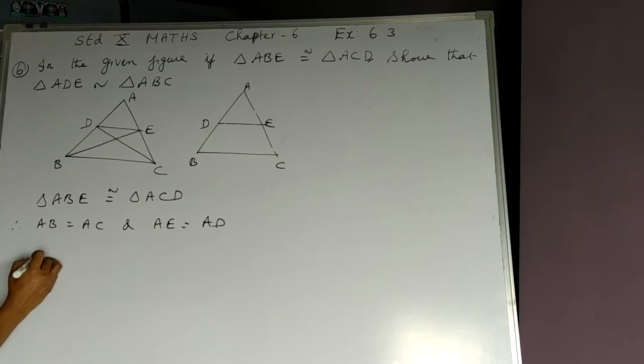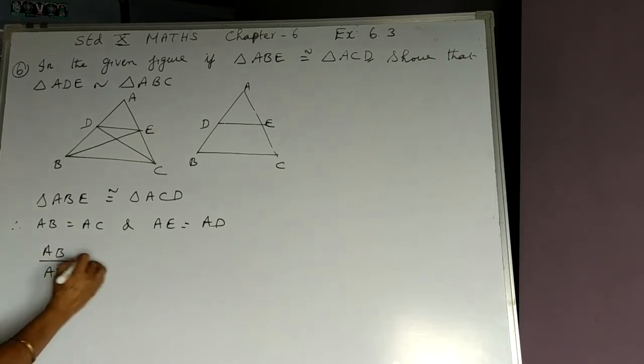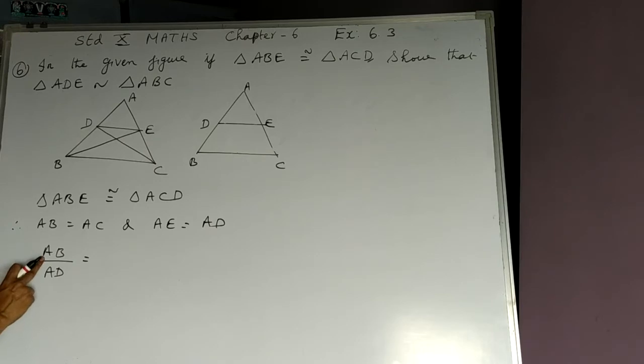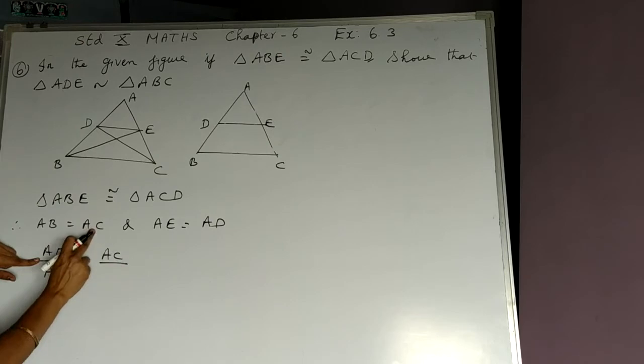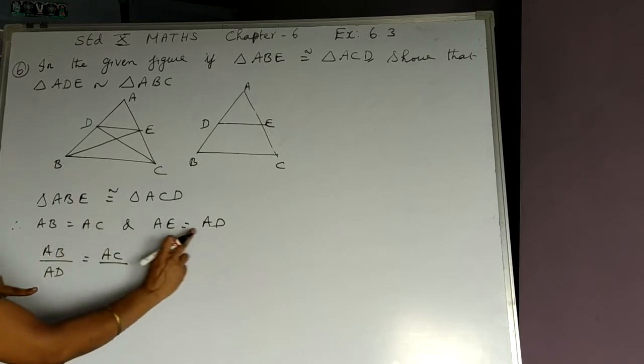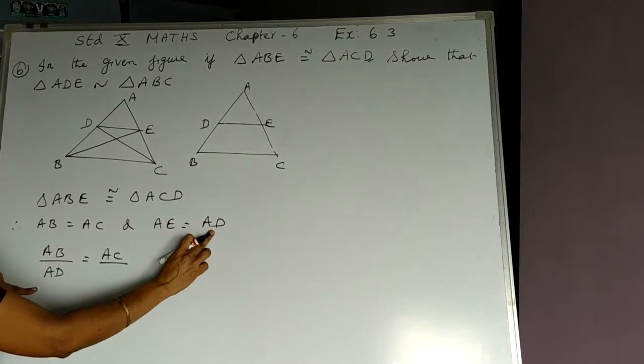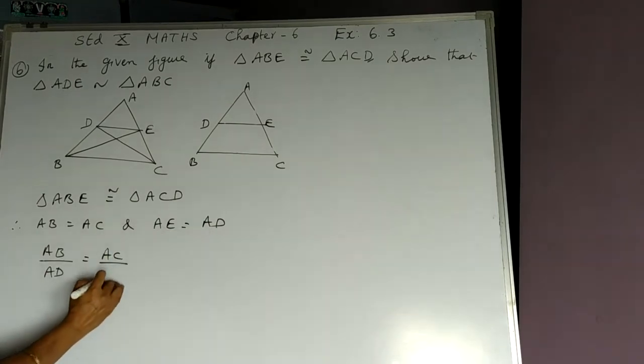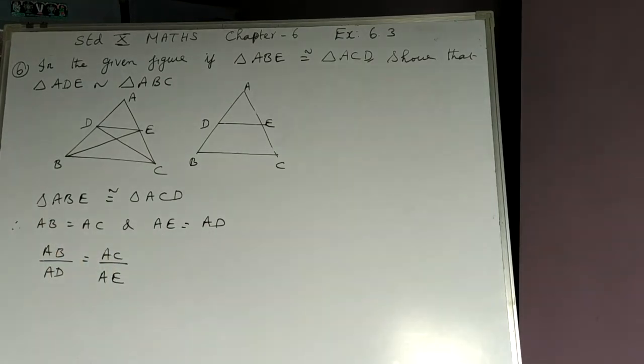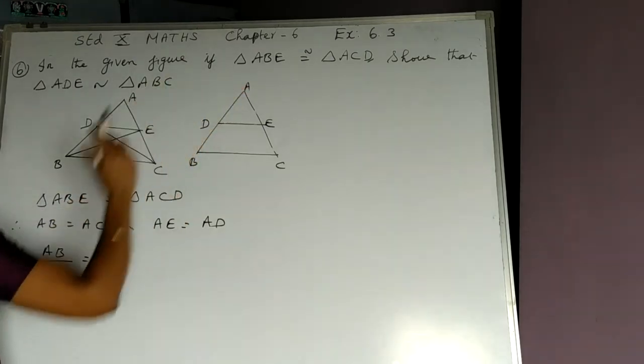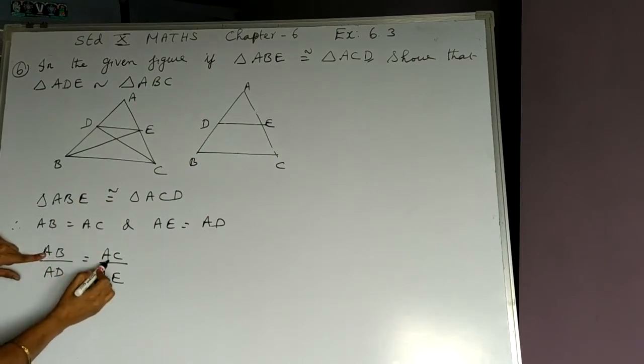So I want to take AB upon AD. What is AB? AB is nothing but AC. So in the place of AB, what can be substituted? AC. And in the place of AD, what can be substituted? AE can be substituted. Right? Hope you understood? I have taken the ratio AB upon AD. But AB is equal to AC and AD is equal to AE.